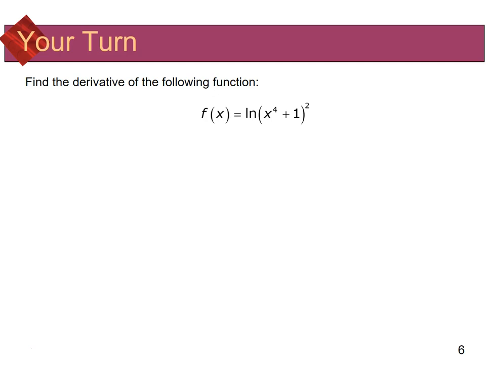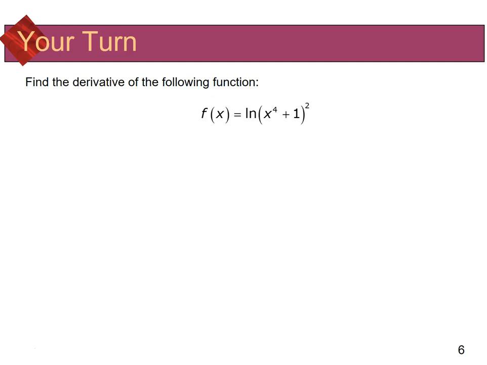For this one here, I do have an option, and I'm actually going to take advantage of it because I'd have to use the chain rule a couple of times. I have a natural log of a quantity, but that natural log is of a quantity being squared, and I also have a quantity that has several terms in it. So I really don't want to go to using the chain rule twice.